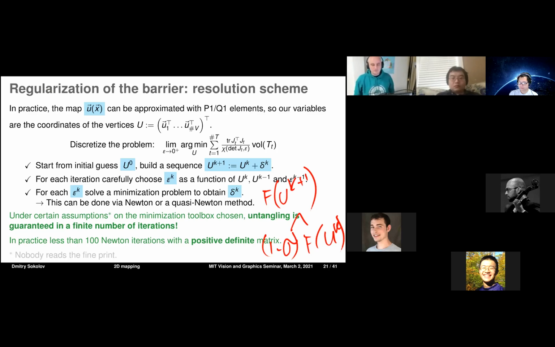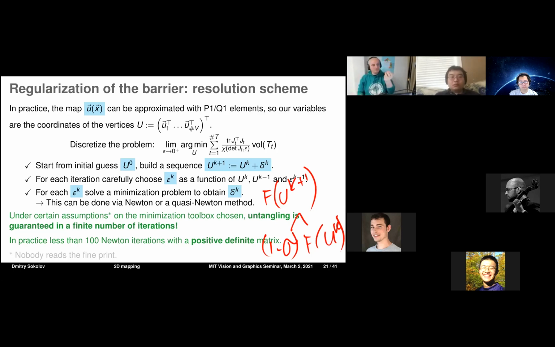Normally, you should not be stuck in local minimums and stuff like this, because the regularization function is strictly monotone in its partial derivative with respect to the epsilon. So when you decrease the epsilon, your function will be growing.